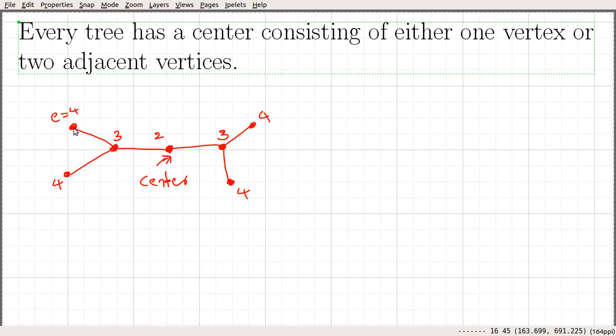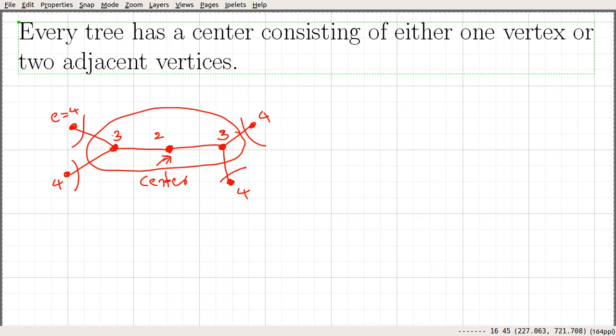We have these 4 leaf vertices, and suppose that we delete all of these leaf vertices. We get this tree, and if we look into it, we can see that the eccentricity of all the vertices gets reduced by 1 in the remaining tree.